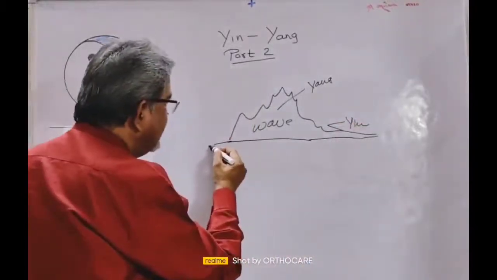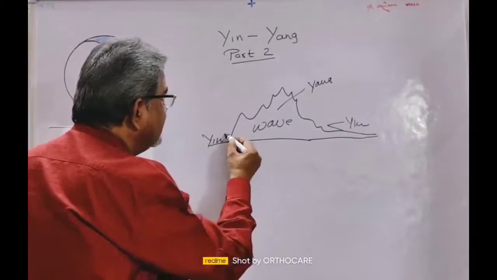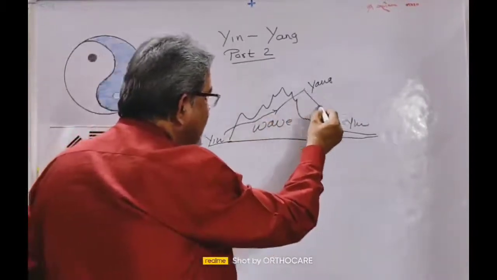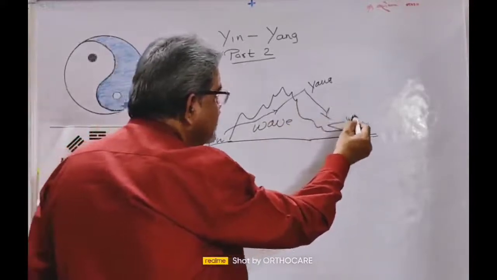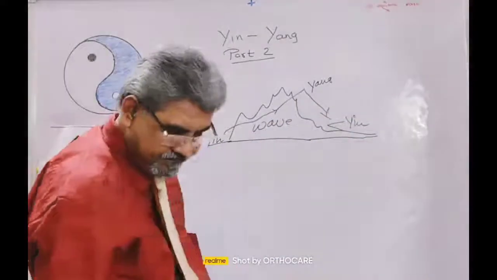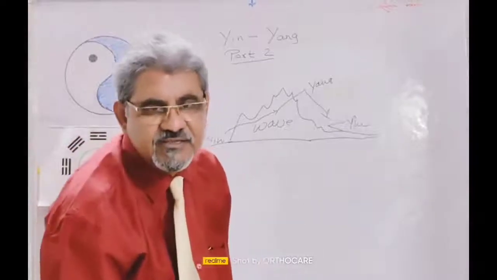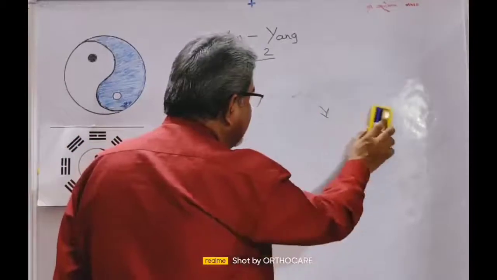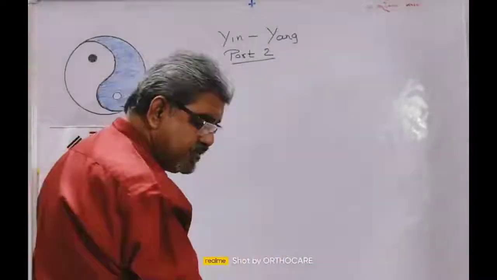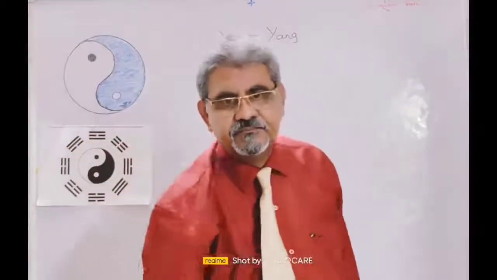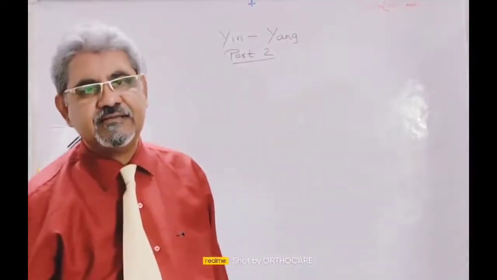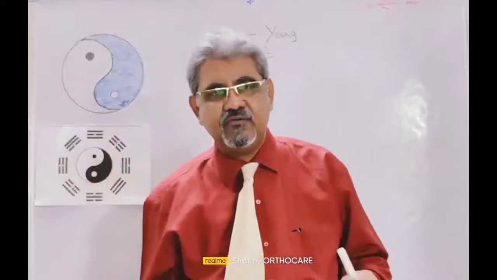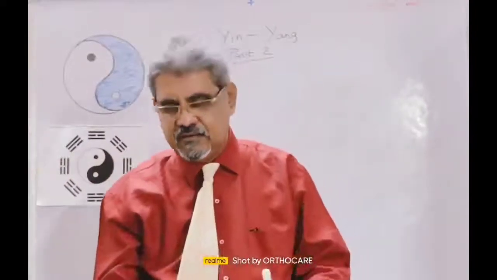So from yin it is transformed into yang, and from yang it is transformed into yin. This is the basic philosophy of Taoism. In the Tao religion, it is said that you have to be in the middle part, like nothing is 100%.